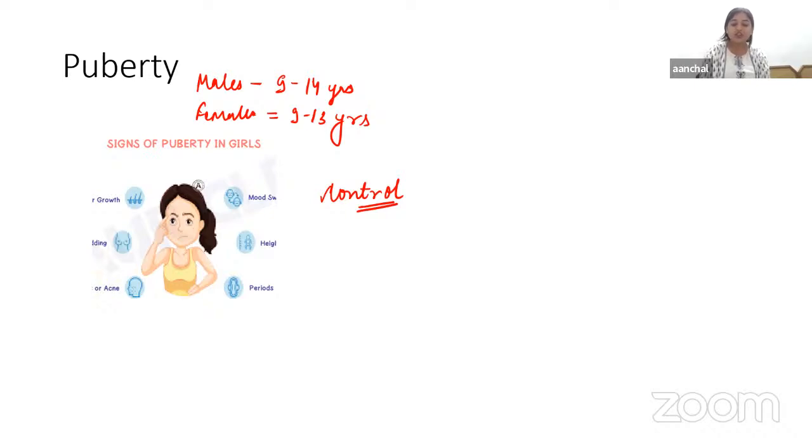The sensitivity of the hypothalamus to this negative feedback of gonadal steroids decreases, and there will be an increase in gonadotropin releasing hormone. Its secretion will increase suddenly at the time of puberty, right? And there will be more and more release of this hormone from the hypothalamus.